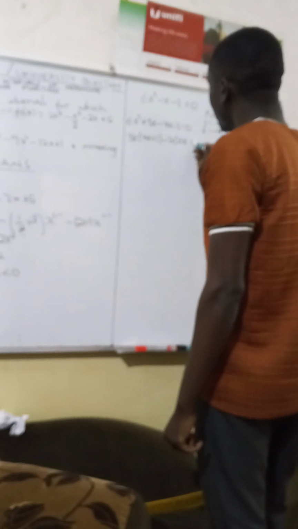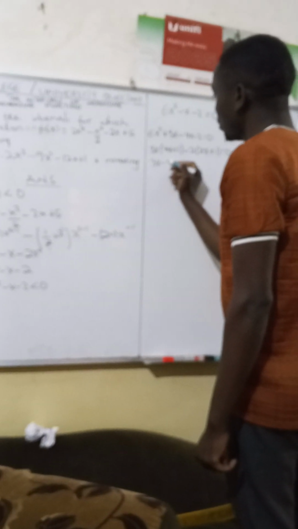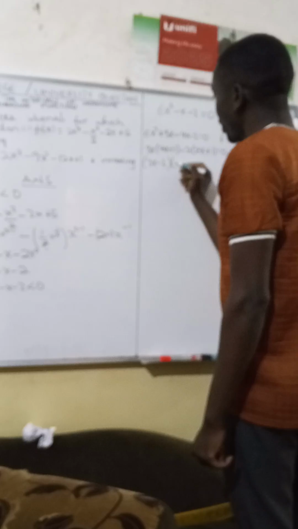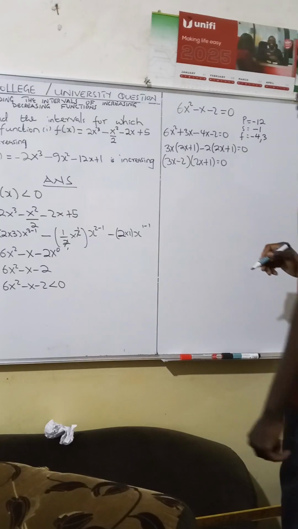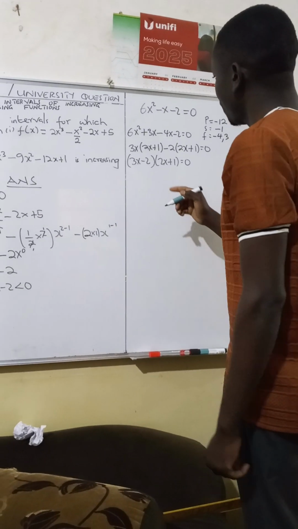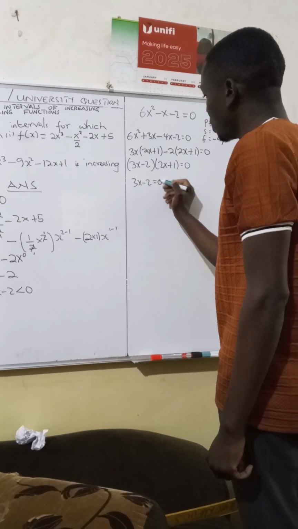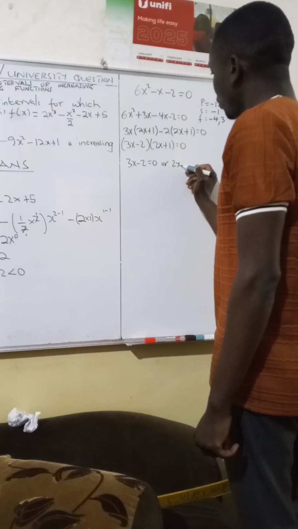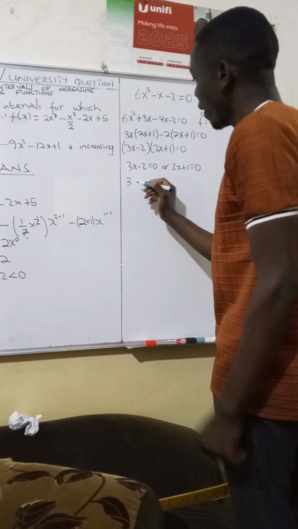Minus 2 into 4x, I get 2x. Minus 2 into minus 2, I get plus 1. This is equal to 0. So I'm having 3x minus 2, then 2x plus 1. This is equal to 0. Then finding the critical values of x, 3x minus 2 is equal to 0, or 2x plus 1 is equal to 0.